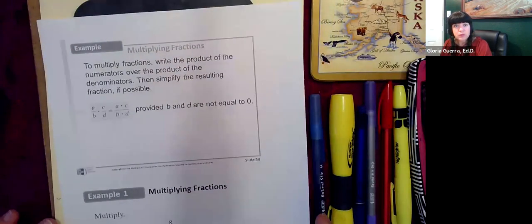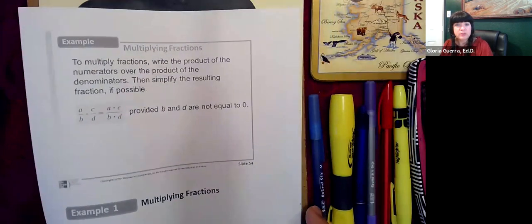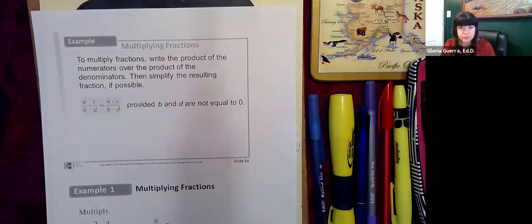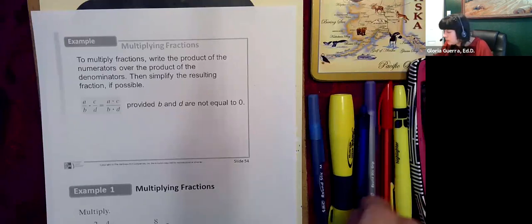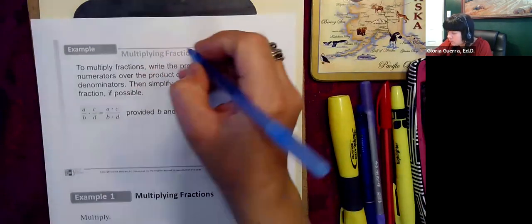And so we have some directions here that explain that to multiply fractions, you write the product of the numerators over the product of the denominators. So in math, product means to multiply.